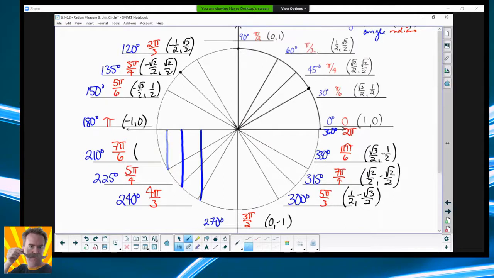So that means that the 1/2 has to go here. Now, likewise, as I'm going out here, this is the longest long side, and then I've got this one that's shorter, and that one's shorter yet. So this length of x here has to be the longest one of those. So that's going to be root 3 over 2. Now remember, since we're in quadrant 3, both parts are going to be negative.